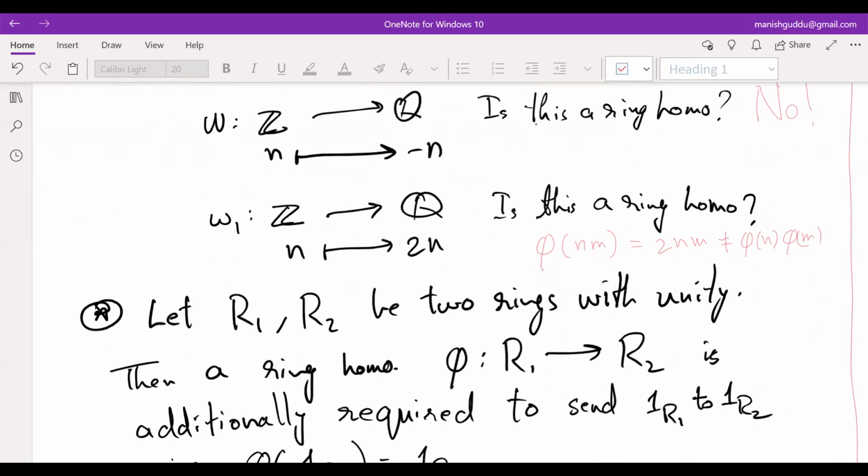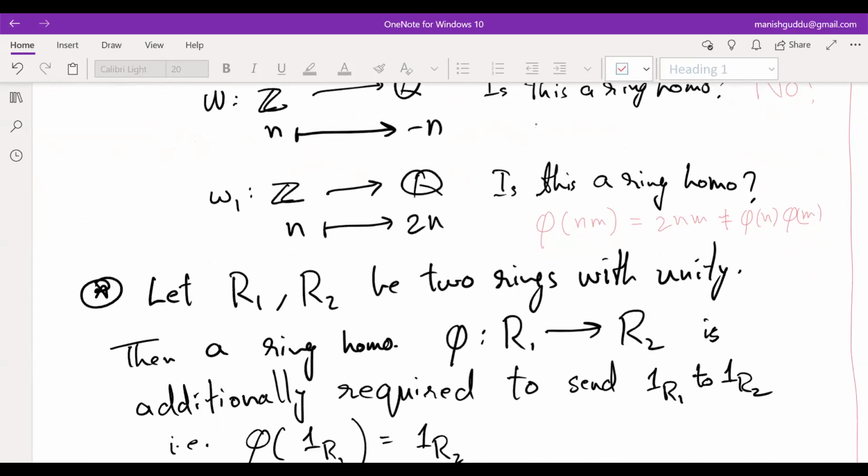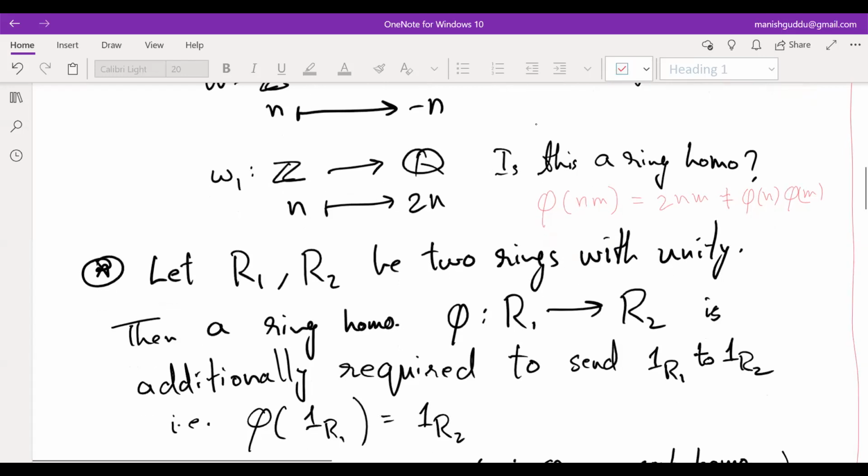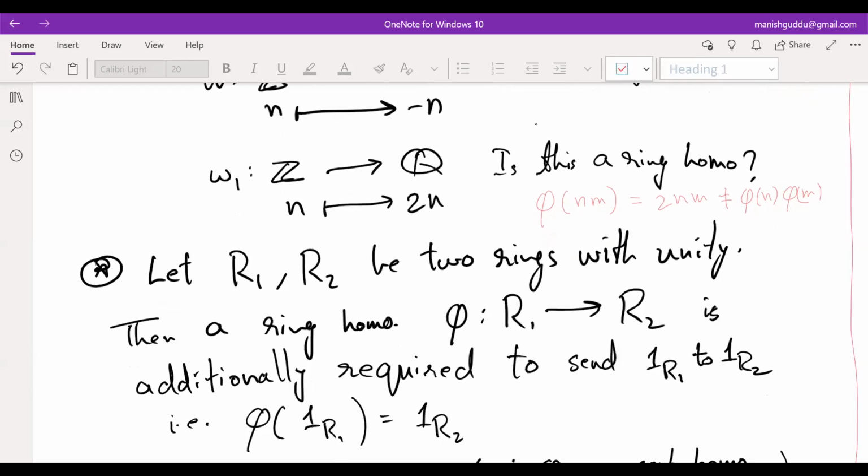So this is not the right example, but I'll give you one example where it will be a ring homomorphism in that definition, but it won't be in this definition. If you consider R1, R2 to be two rings with unity, then a ring homomorphism phi from R1 to R2 is additionally required to send the unity of R1 to the unity of R2. So phi of 1 R1 is equal to 1 R2.